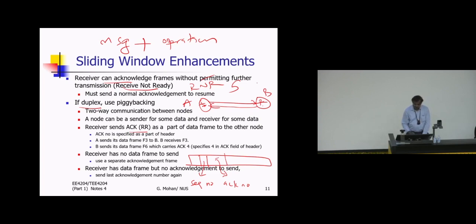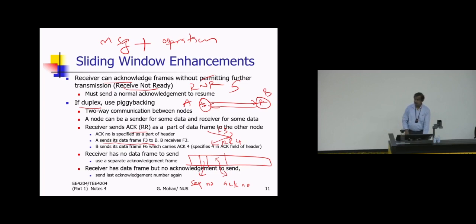Look at this example. A sends a data frame, frame number 3, to B. Now B receives it. Let's say B sends RR4, which is ACK4. Now the question is, should it send a separate RR4, or if it has a data frame, it can piggyback it.